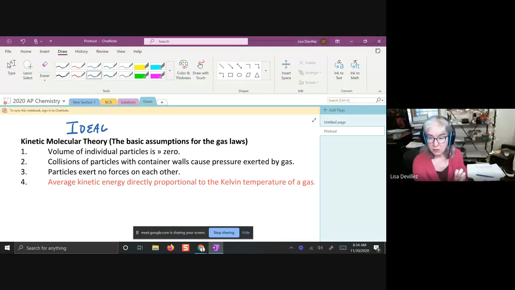What we're saying is that in the gas laws we're using for ideal gases, any interaction between the molecules is not significant, so we don't have to account for that. And then we did talk a little bit about this: the average kinetic energy of the particles is directly proportional to the Kelvin temperature of the gas. That's why we have to use Kelvin in our gas laws. Our temperature is always in Kelvin.